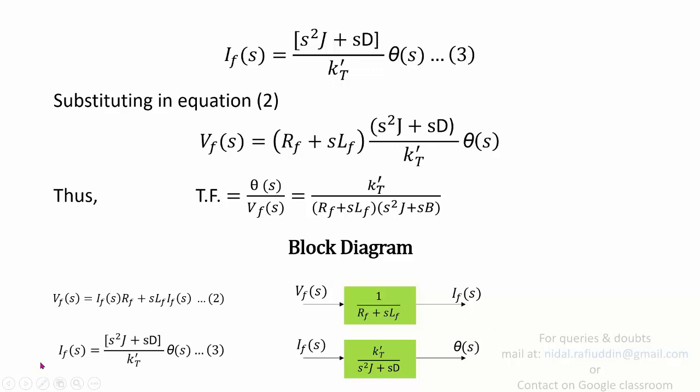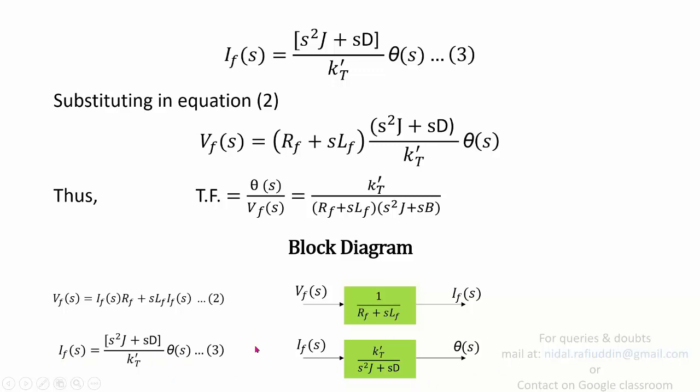From equation 3, you see that there exists a relation between If and θ(s). So if you feed this variable into a block Kt' by (s² J plus s D), which is obtained from this expression, this block Kt' upon (s² J plus s D) multiplied by If will give you the output theta.